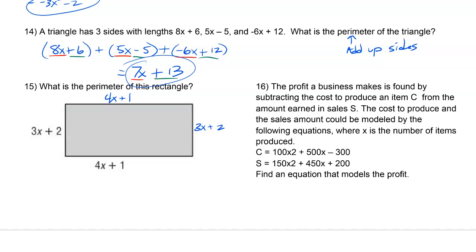So this one says the profit a business makes is found by subtracting the cost from the sales. So that's telling me that profit is my sales minus how much it cost to buy everything.